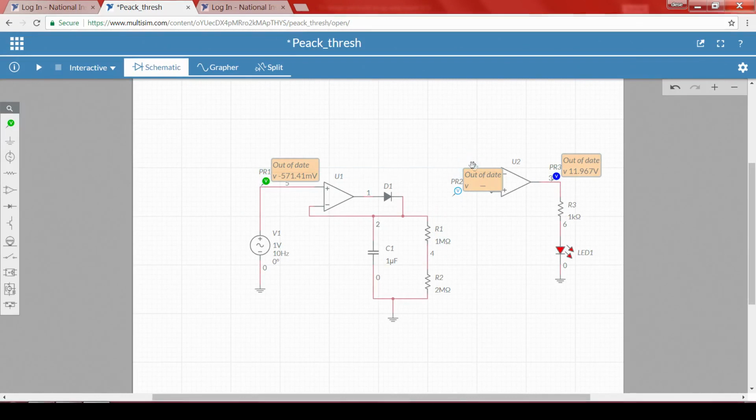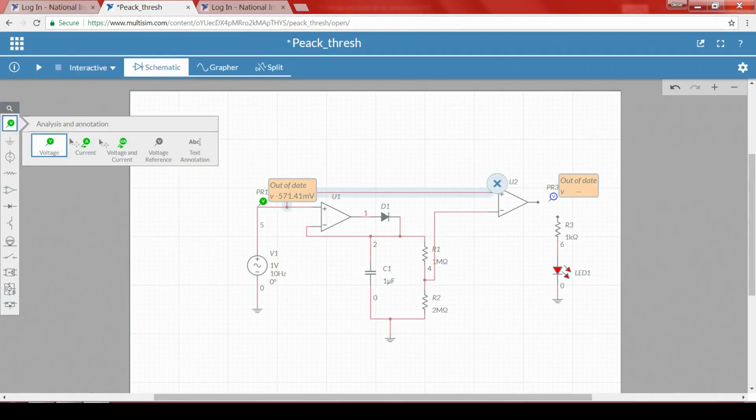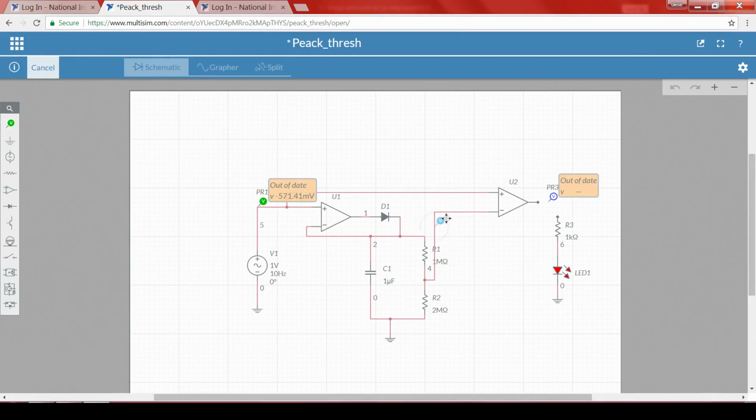I will swap the terminals. This particular terminal should be connected to here, and this particular terminal should be connected here, that is input, and here I am going to measure the threshold value. Okay. Now, let me run it.